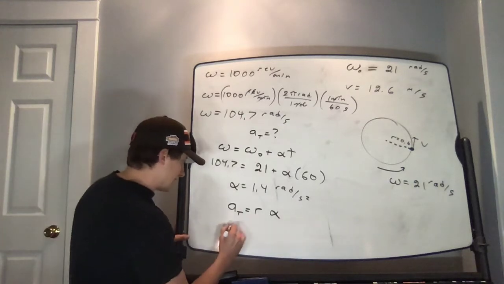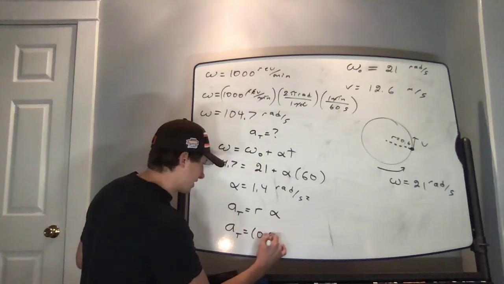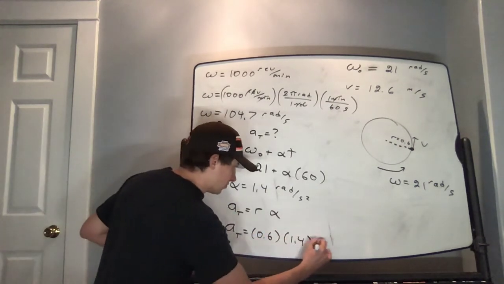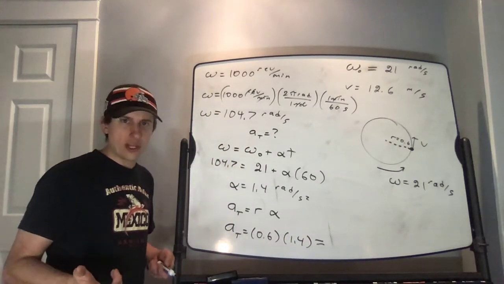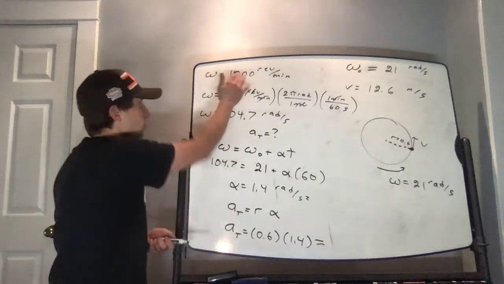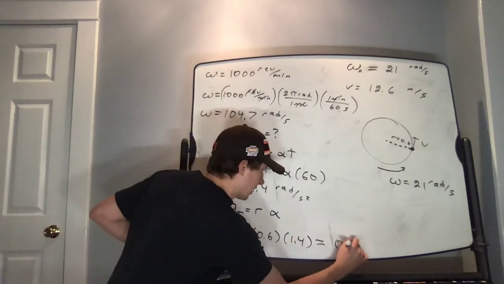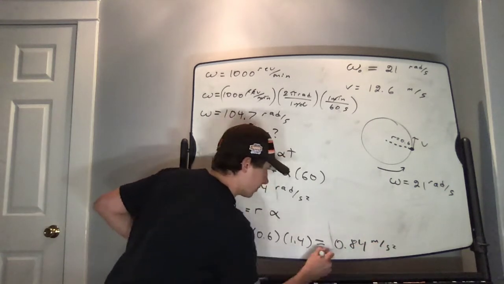We could write tangential acceleration is equal to 0.6 times 1.4, and if I put these numbers in a calculator, I find that the tangential acceleration of the wheel to achieve this final angular velocity is going to be 0.84 meters per second squared.